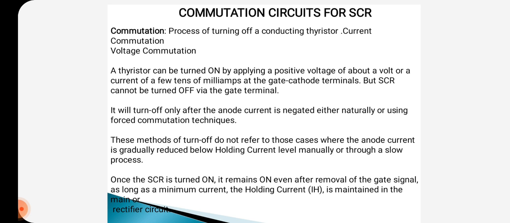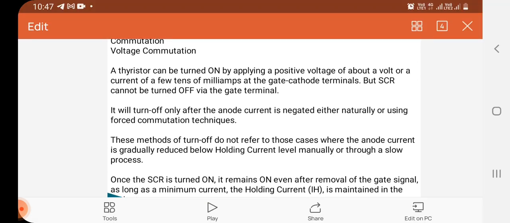These methods of turn off do not refer to those cases where the anode current is gradually reduced below the holding current level manually or through a slow process. Once the SCR is turned on, it remains on even after removing the gate signal, as long as a minimum current, the holding current, that is IH, is maintained in the rectifier circuit.